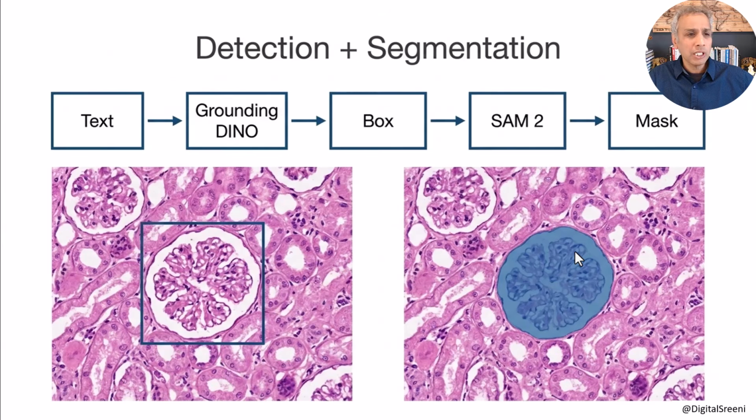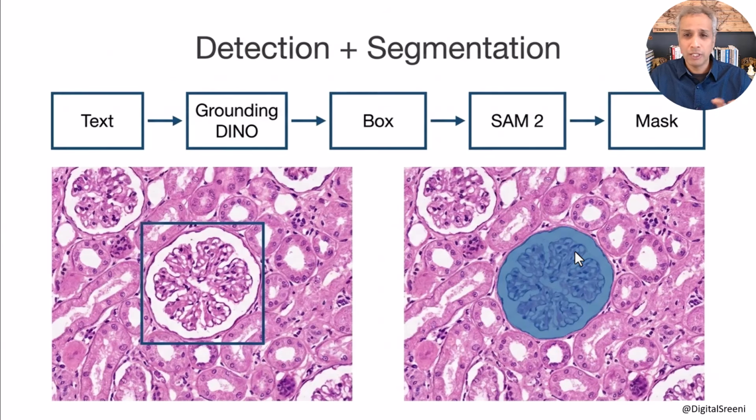So the combined pipeline is something like this, right? You type glomerulus, Grounding DINO reads that text, scans your image, and returns a bounding box around the region it thinks matches. And that box is passed to SAM2 as a prompt, and SAM2 then finds the precise pixel boundary inside that box and returns a mask.